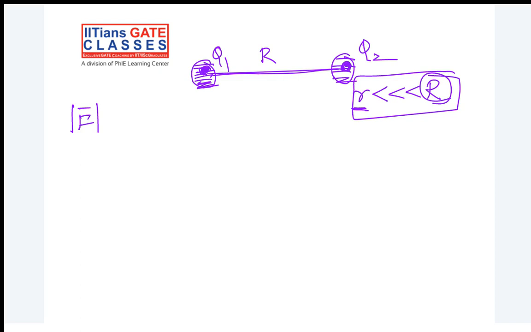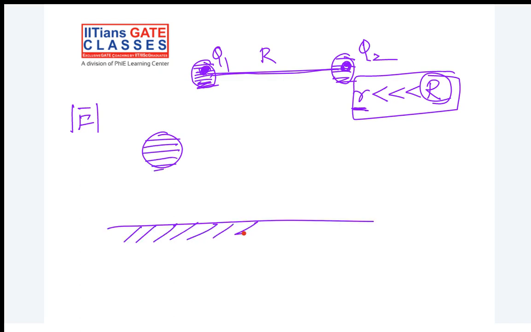Let me explain. Whenever there is a charged particle, if there is a particle available, there will always be a gravitational force existing, right? What is a gravitational force? The force due to gravity is mass into acceleration, right? So what will happen if the radius of the charged particle is getting high, which means that the size of the charged particle is more? In other words, the mass is very high. So if the radius of the charged particle is much higher than r, the mass is sufficiently high.